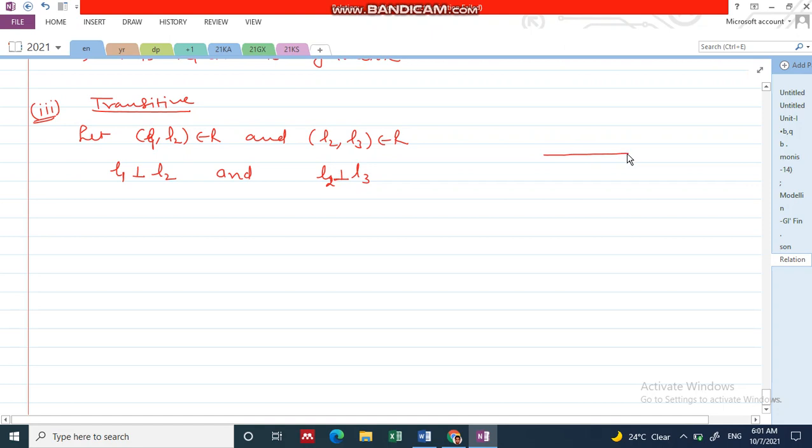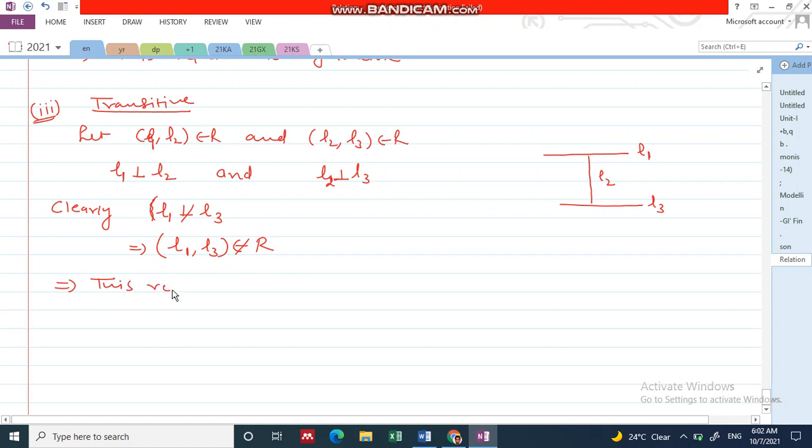You see this situation: suppose this is the L1 line, this is the L2 line, and this is the L3 line. Clearly we can see from this figure that L1 is not perpendicular to L3. So (L1, L3) is not a member of the relation. It implies that this relation is not transitive.